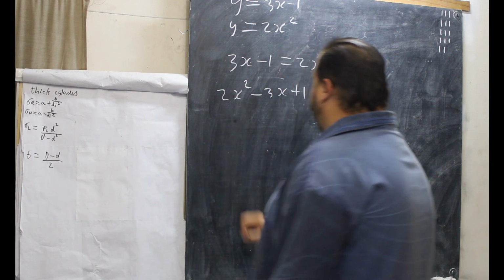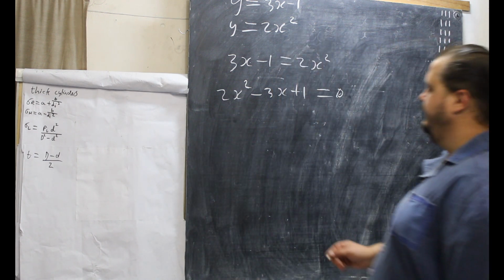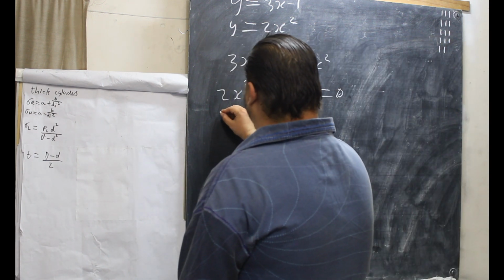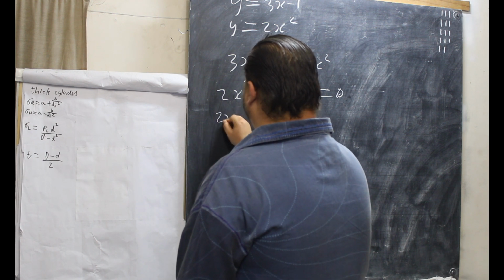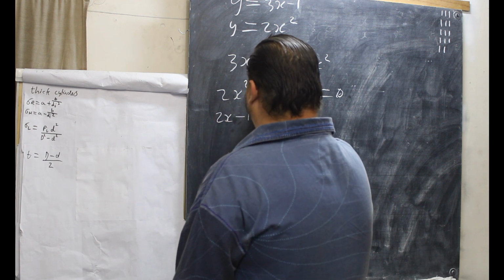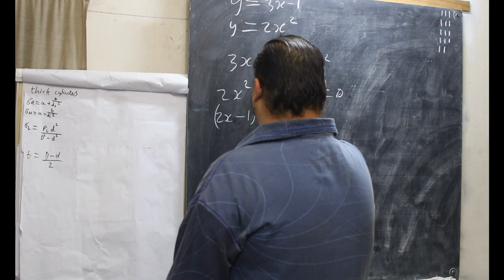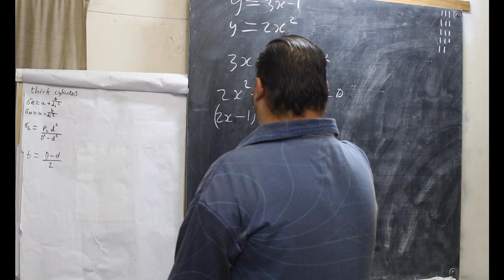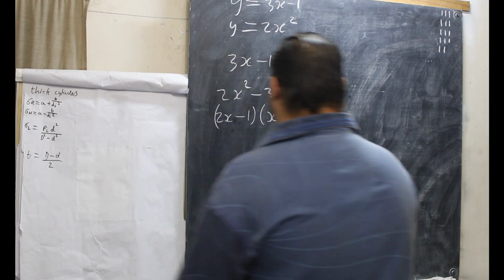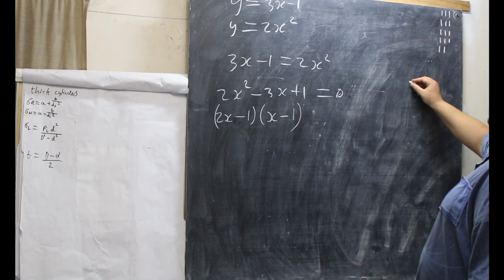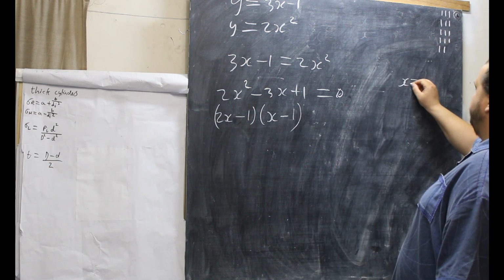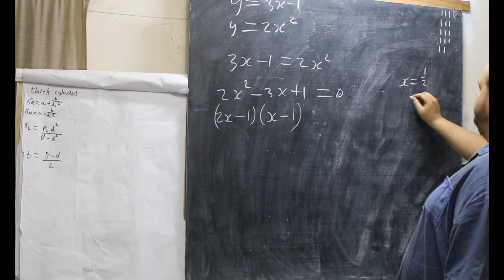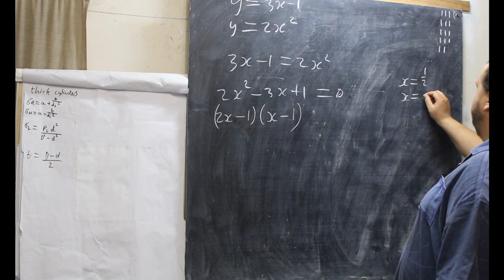Now next what we do is we say 2x minus 1 and x minus 1. Now on the side here we say x is equal to a half and x is equal to 1.